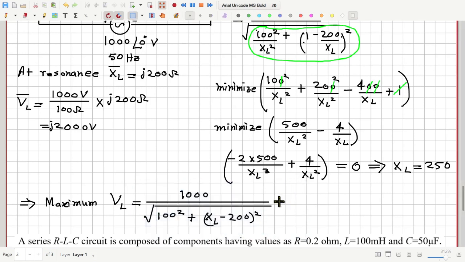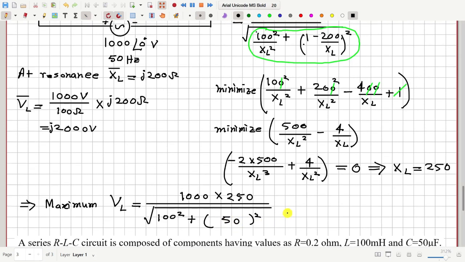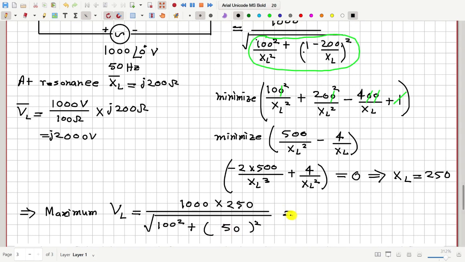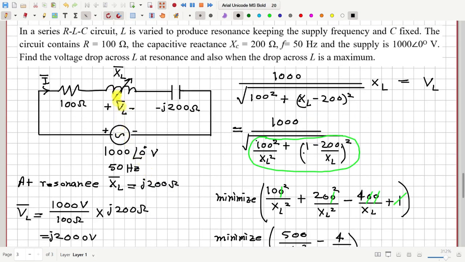So if I put 250 here, this will become 50 squared. Now if you simplify this, it will be equal to approximately 2236. So this will be in volt. This is the maximum value of the voltage across the inductor.